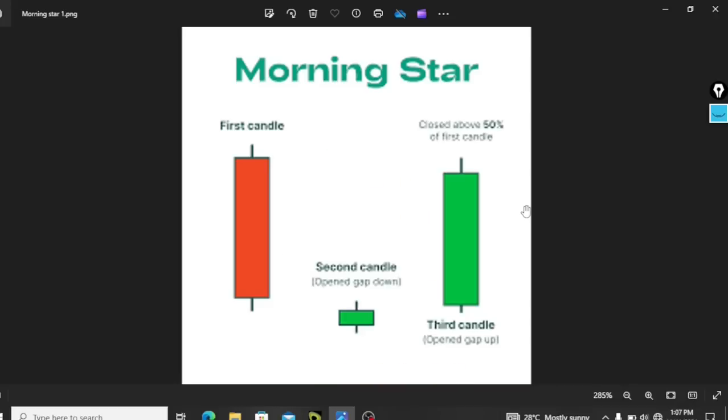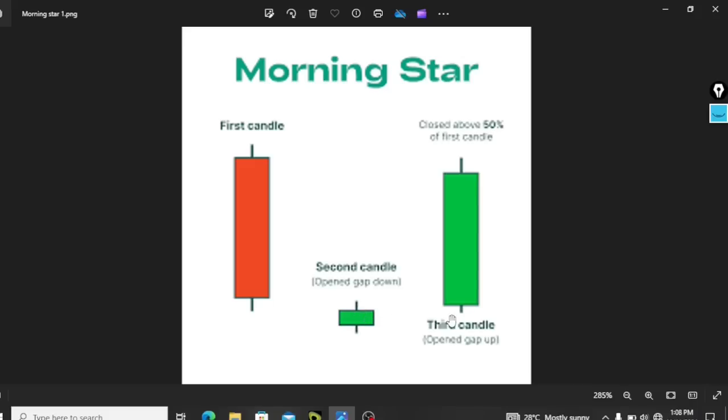The next candlestick pattern we are going to look at is the morning star. Morning star is actually very bullish in nature. It is a bullish strategy. Whenever you see it at a support level, just know that a bullish reversal is about to take place. The first candle is a bearish candle, and the second candle is a doji, and the third candle is a full bullish candle.